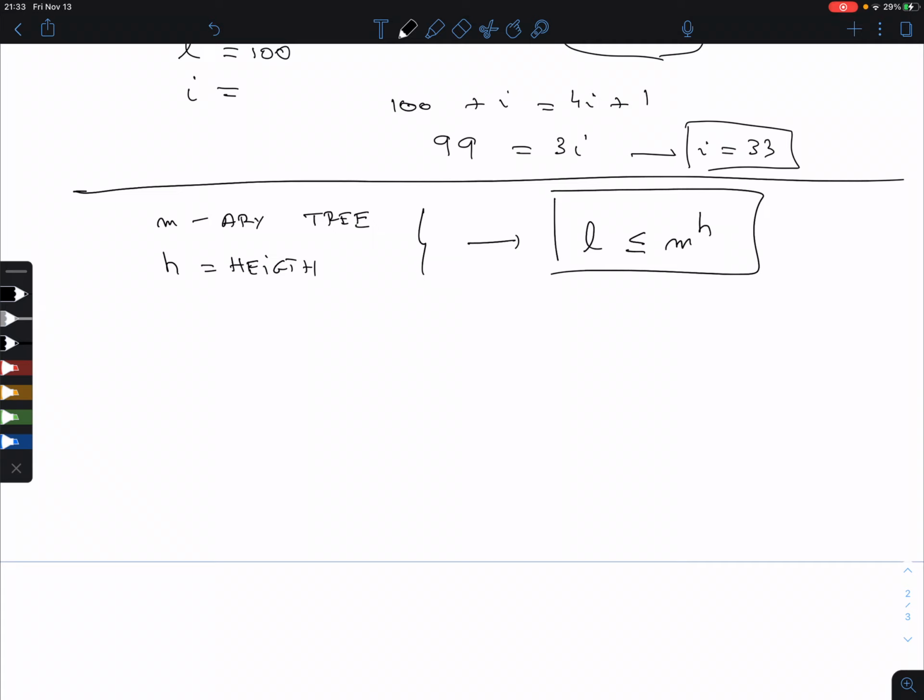Let's just give a simple example. Suppose you have a binary tree, not necessarily full, of height 7.